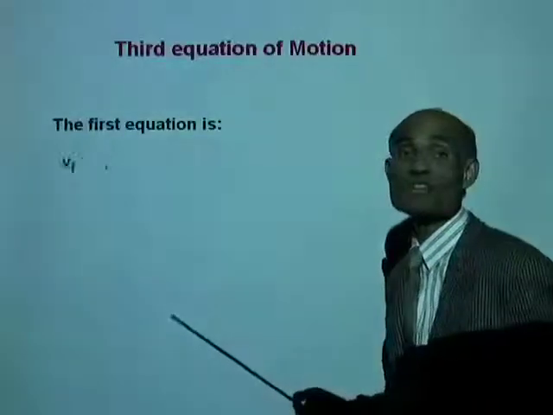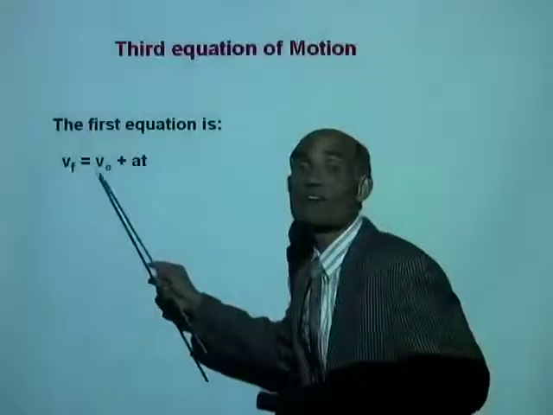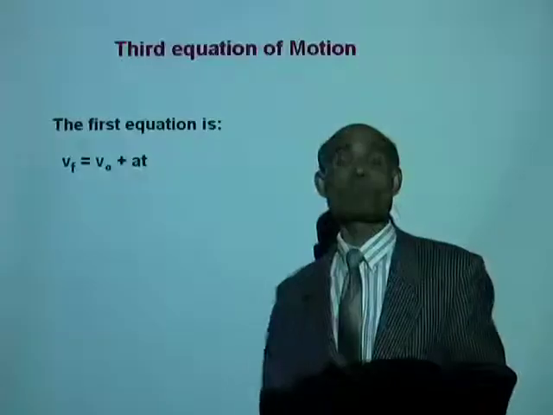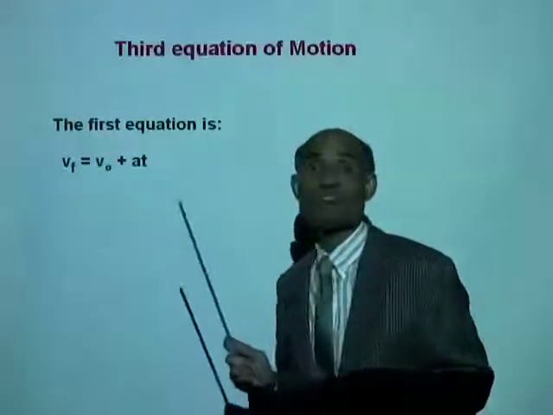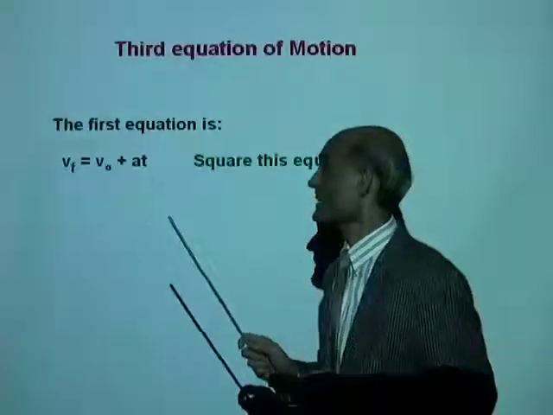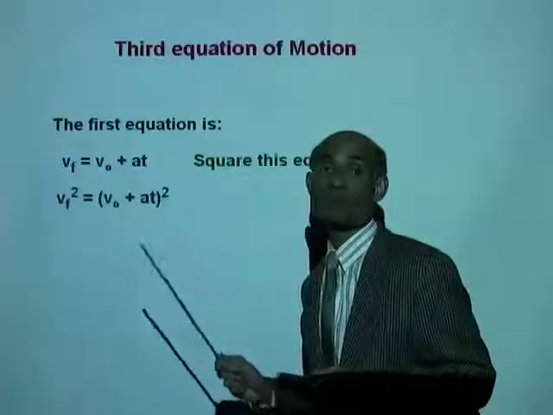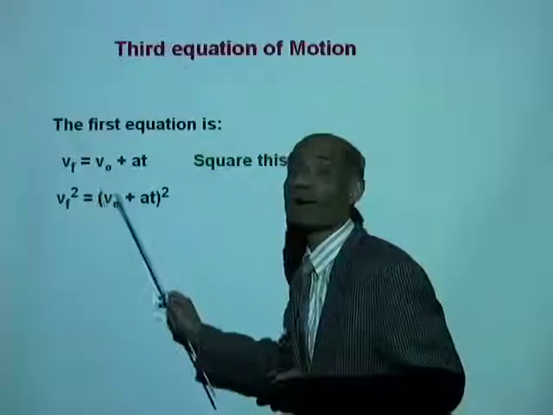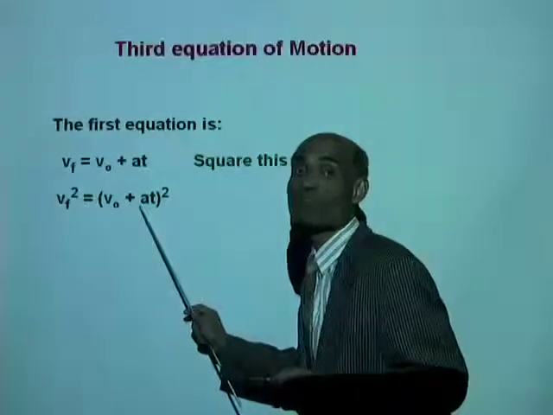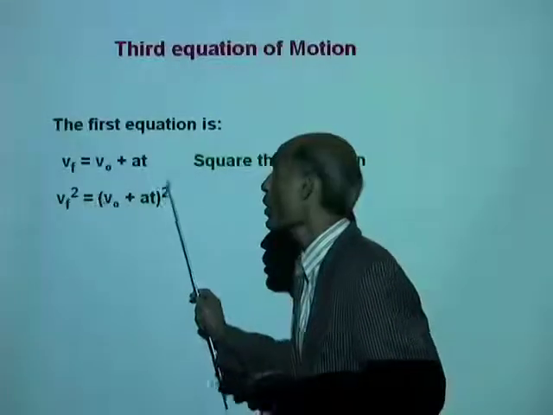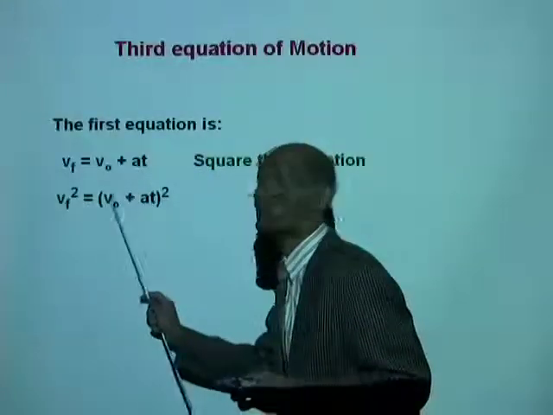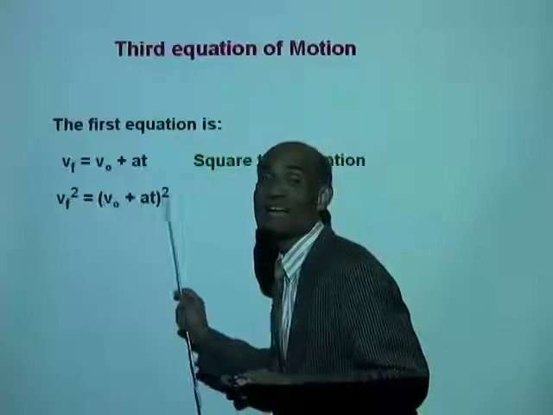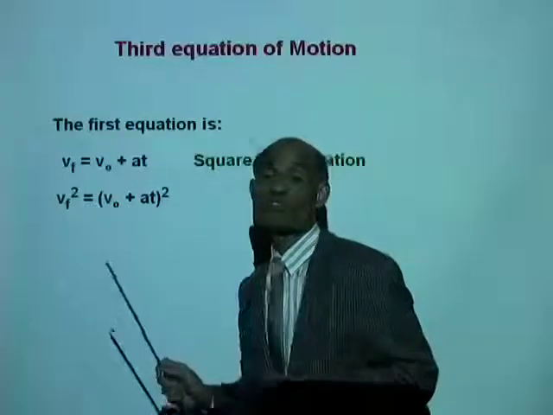The first equation is Vf equal to V0 plus AT. I'm going to square both sides of this equation. Can you square both sides of this equation? Vf squared equal to V0 plus AT all squared. Now I hope you know how to expand a squared term like this.